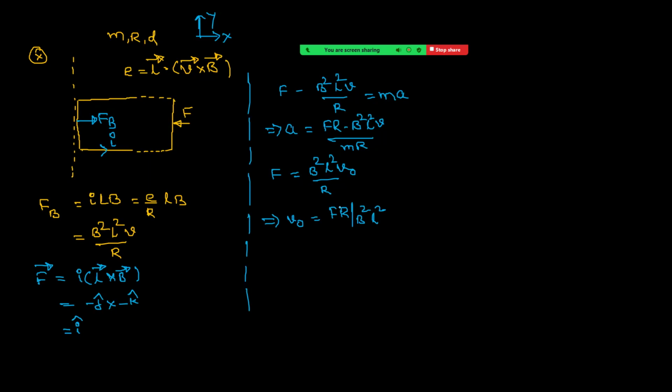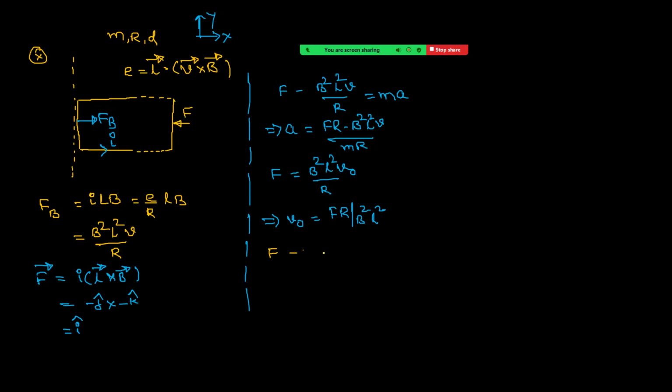Show that the velocity at time t is given by... So we have to find velocity as a function of time. I am writing in this equation, in the place of a, write dv by dt. So I'm writing here F minus B square L square by R times v.